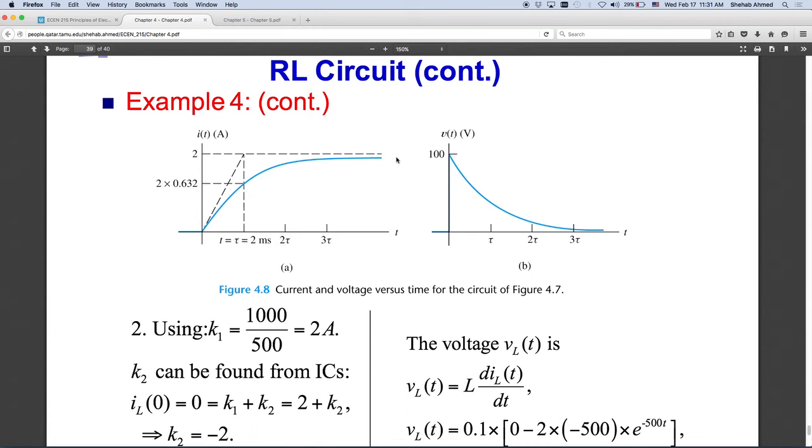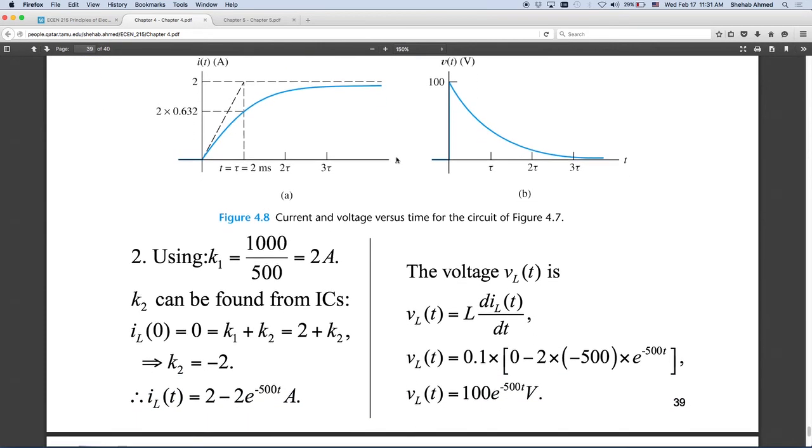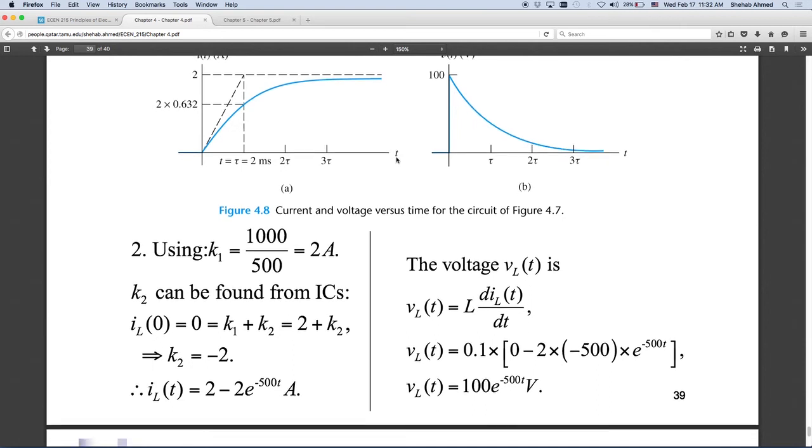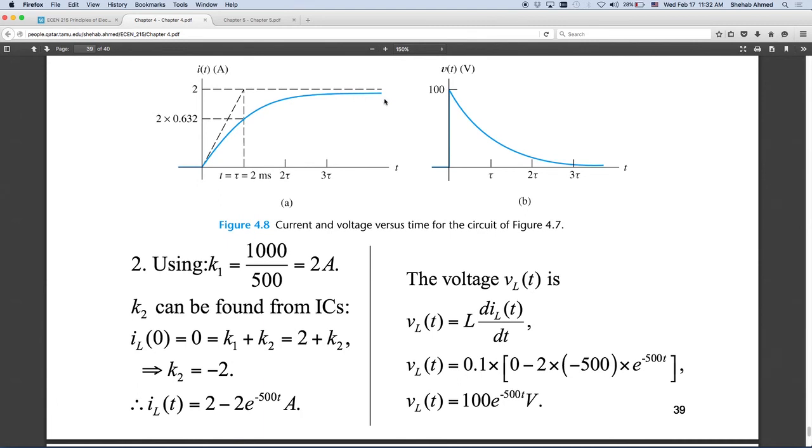How long will it take? It will depend on the value of L and R. The time constant, L over R, basically. No, it will go to 2 amps. It will keep increasing slowly until it reaches 2 amps. At what time?